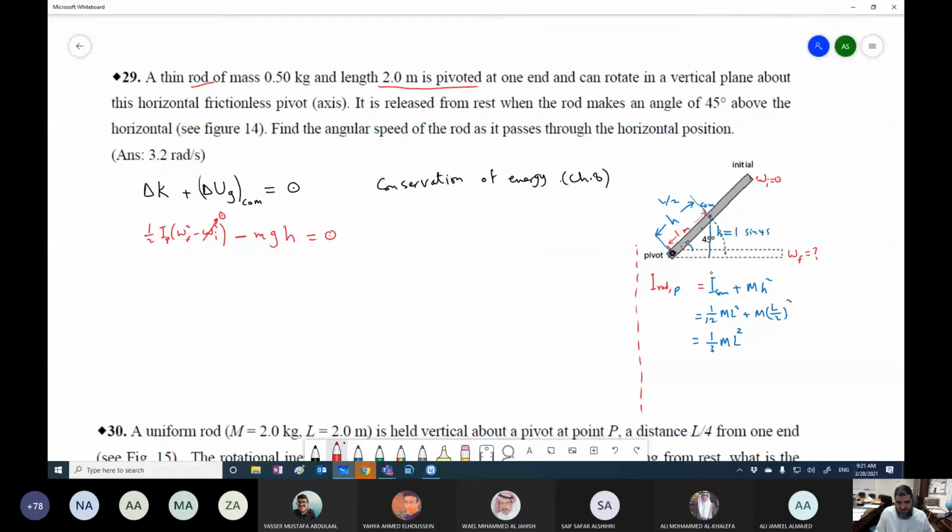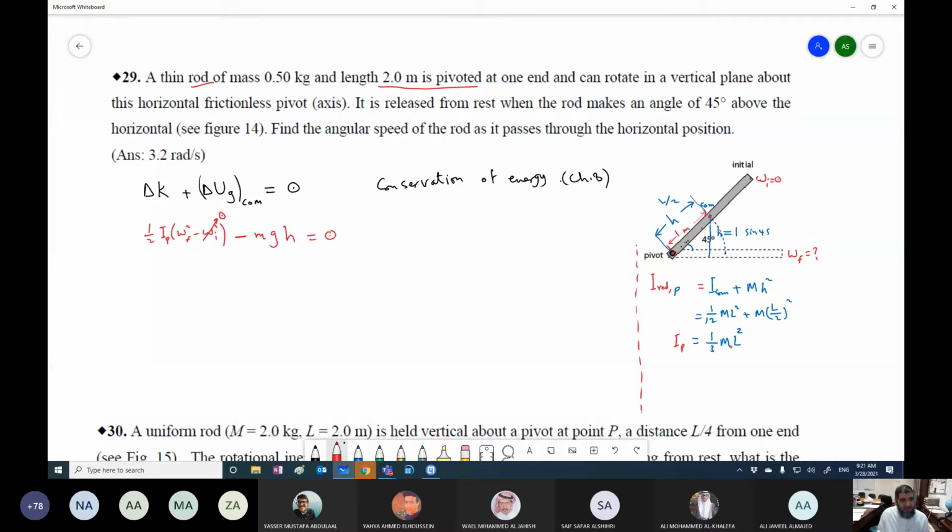What is I center of mass for a rod? We open the formula sheet and find I center of mass for a rod equals 1/12 mL square, plus mh square, where h is the distance between the center of mass and the new axis, which is L over 2, that is 1 meter. So it is L over 2 all square. With simple algebra, I of the rod about the edge is 1/3 mL square.